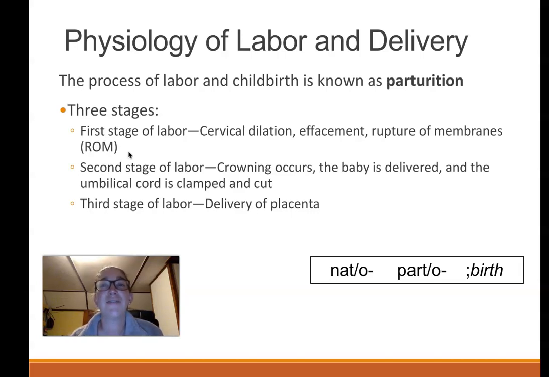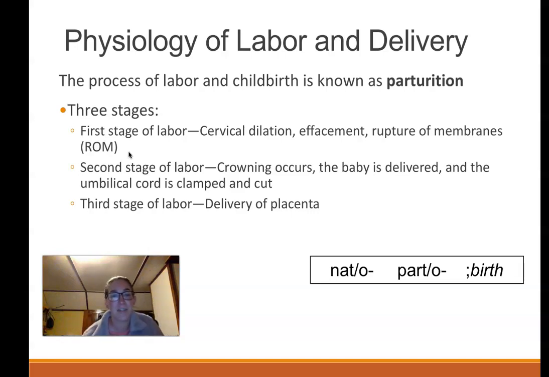So the second stage of labor is really that stage where you're pushing the baby out. A lot of labor is just breathing through contractions as the baby is getting into position. When the baby's head is visible at the vaginal introitus, that's called crowning. And that's when the pushing really begins, and the baby gets pushed out.